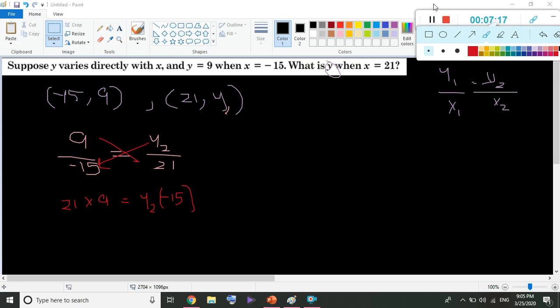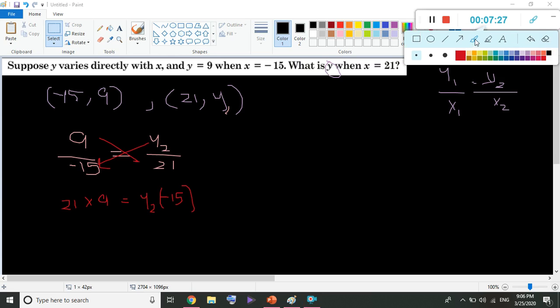Now 21 times 9 is going to be equal to 189, which is equal to y2 times negative 15.